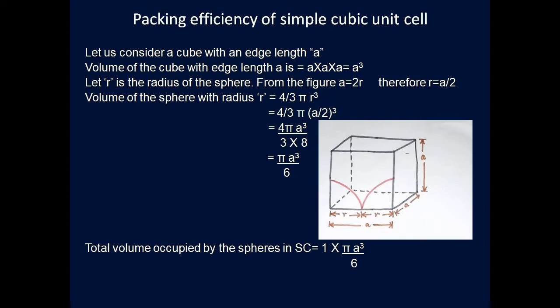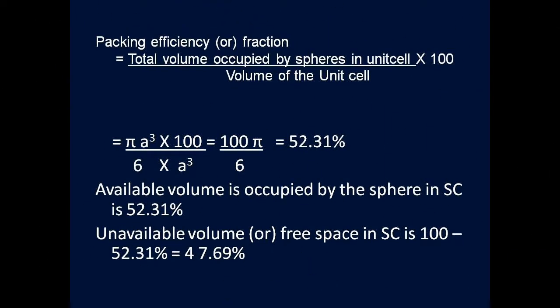In simple cubic unit cell, the number of atoms is 1. So the total volume occupied by the spheres in the simple cubic unit cell is 1 times pi a cube by 6, that is pi a cube by 6. What is the equation for packing efficiency? Packing efficiency is equal to total volume occupied by the spheres in a unit cell times 100 divided by volume of the unit cell.